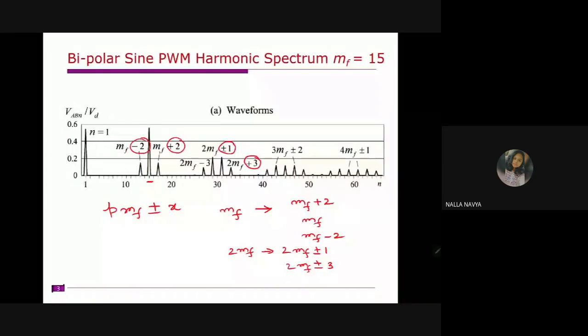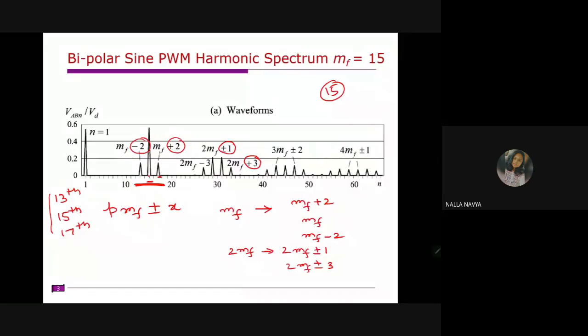Okay. So a simple example: if I consider MF equal to 15, right, you have a harmonic at the 15th and at the 13th and you have the 17th order harmonic.